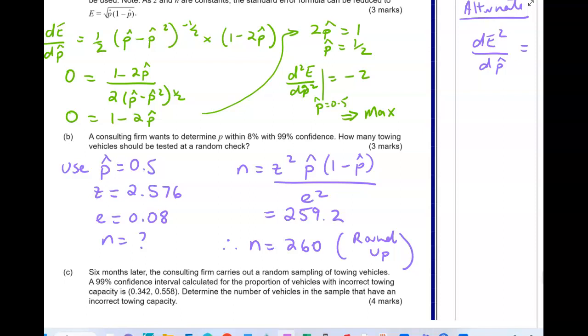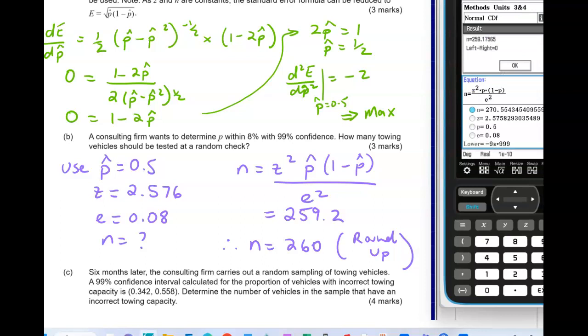Now, I've never seen a WACE question where they've asked you to get the level of confidence, so at least that's a moot point. You don't have to worry too much. Remember rounding up. But ideally, the confidence level, we talked about that yesterday, we've got to round that down. But N, we round up to ensure you're within 8%. Because if you did this and wrote that in at 259, I'll show you. Let's put it in.